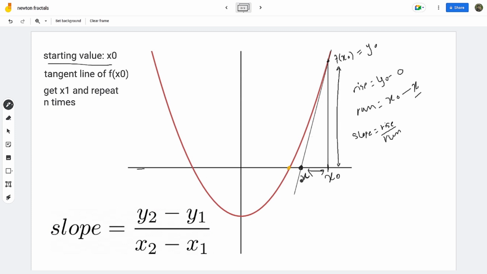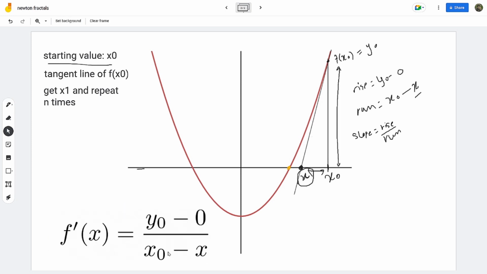And we're interested in finding this x. So let's write a better notation. Now we have a better notation. So x0 is the starting point, and y0 is the value of the function at this starting point. And this is the point where the tangent line hits 0, or the x-axis.